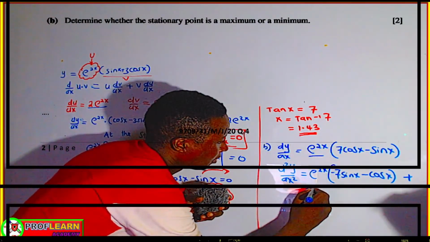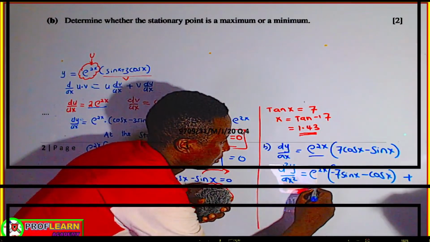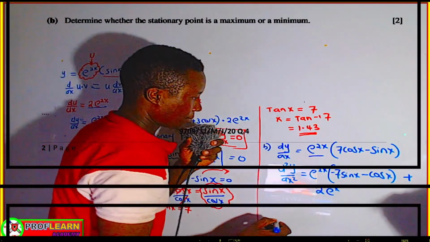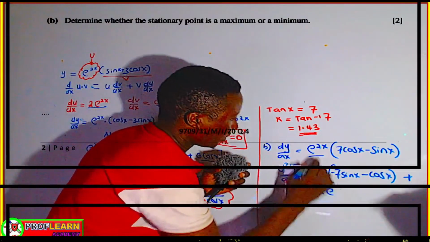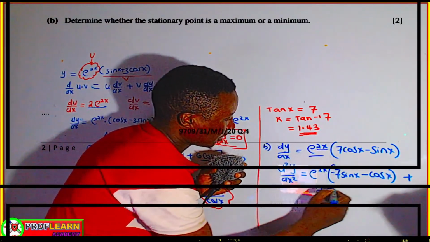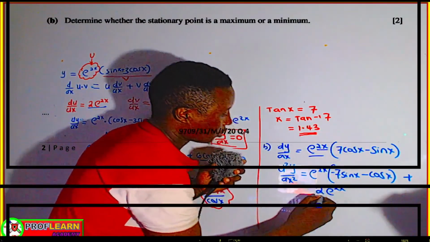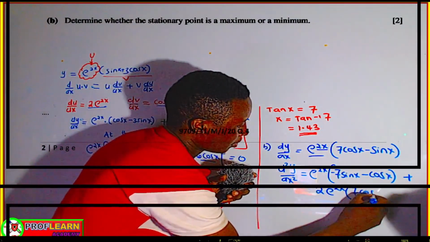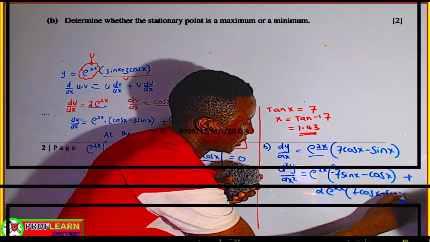It is going to be 2 exponent x, so we differentiate the top, we bring it down, it's going to be 2, then exponent 2x into 7 cos x minus sin x.